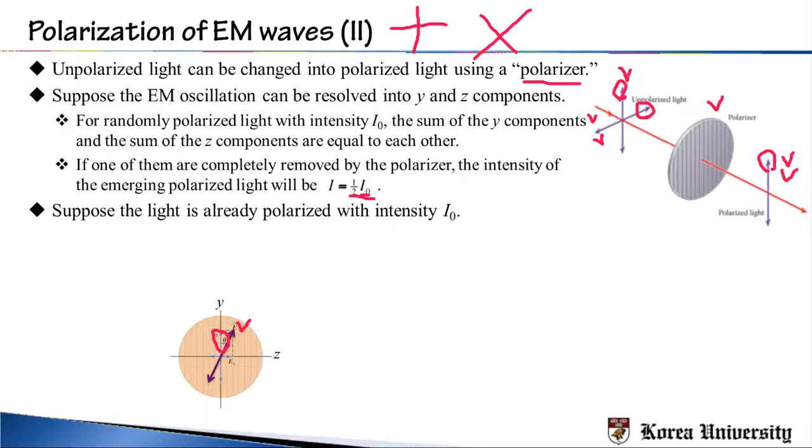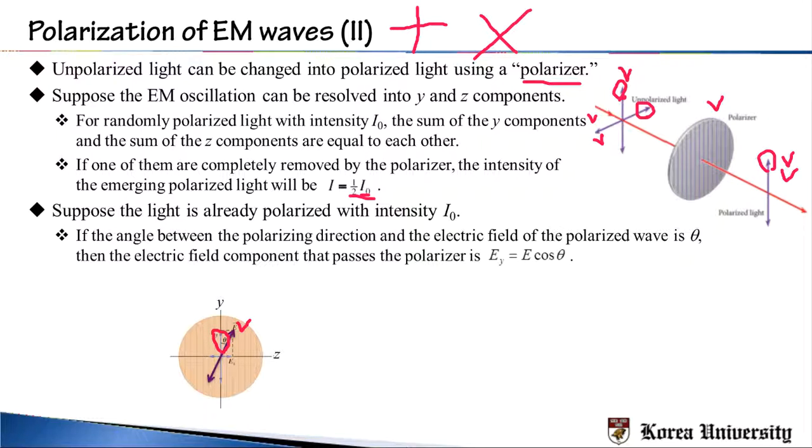Then what will be the intensity of the light after passing this second polarizer? Now, this is about electric fields, so only the electric field component parallel to this polarizer, along the y-axis, will pass, which means that only the cosine component of the electric field will pass.